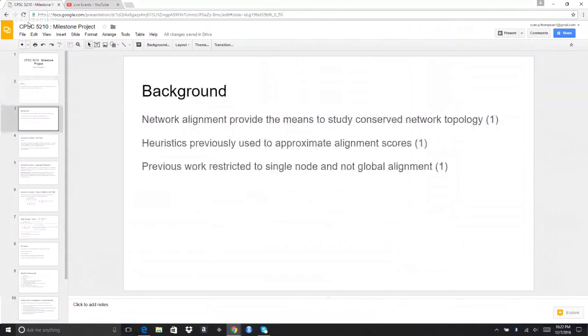Some background about this article points out that in the background of this field, several papers did network alignment with the aim of studying conserved network topology.